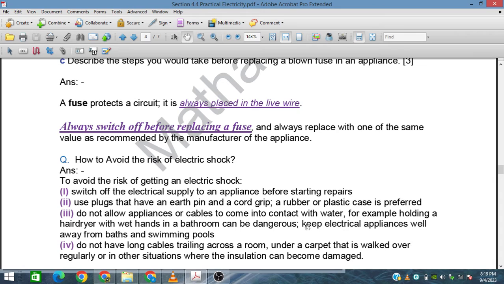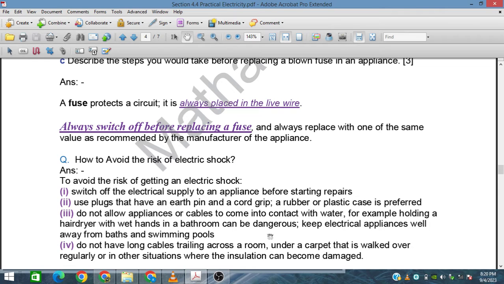We should always keep electric appliances away from water. Also, don't have long cables trailing across the floor.